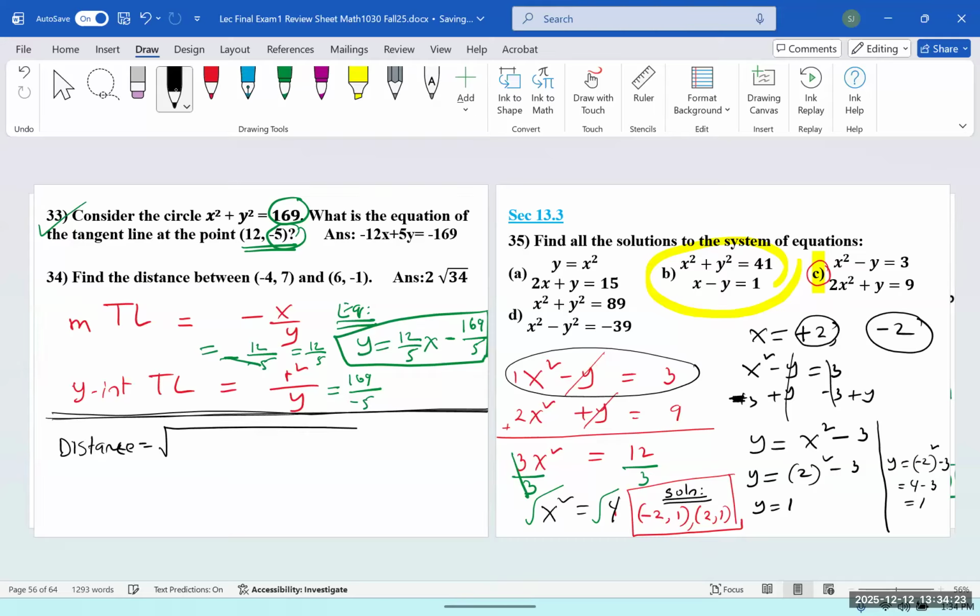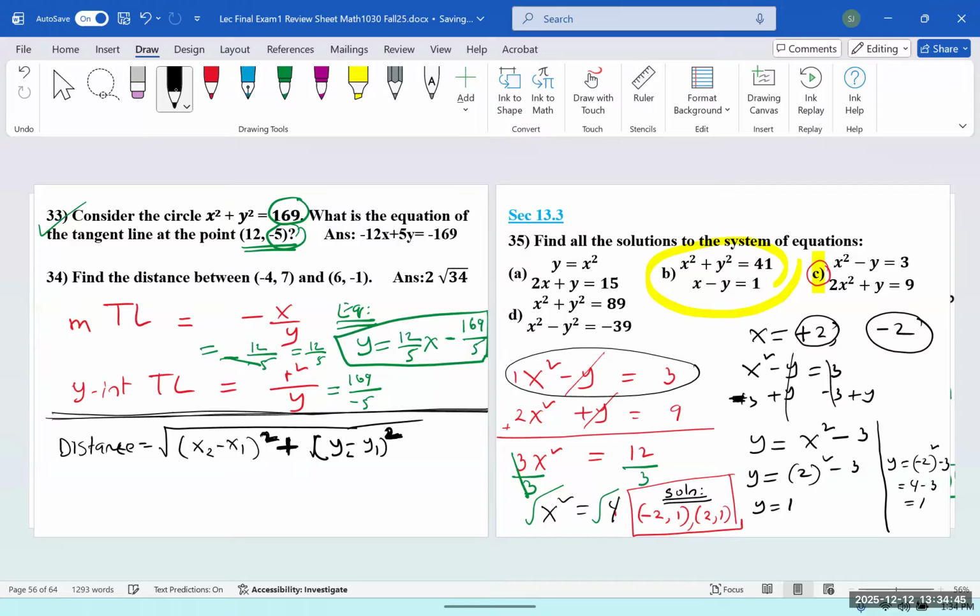It's square root of, you take the difference of the x's, x2 minus x1 squared. You have to square so that the quantity you have inside is a positive number. And you have to add, and then you take the difference of the y's.